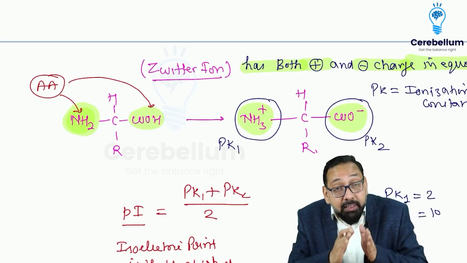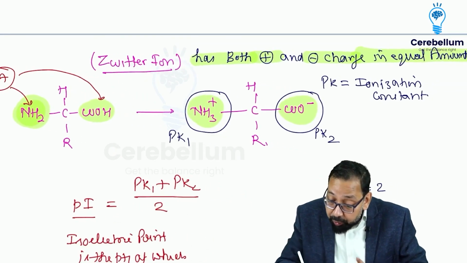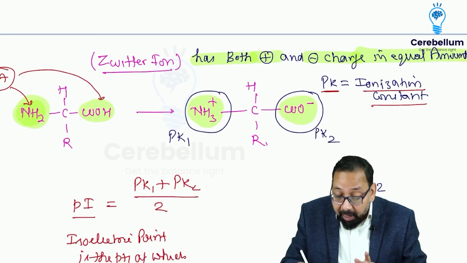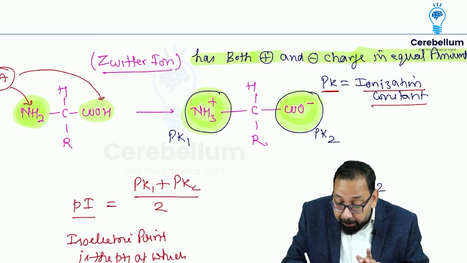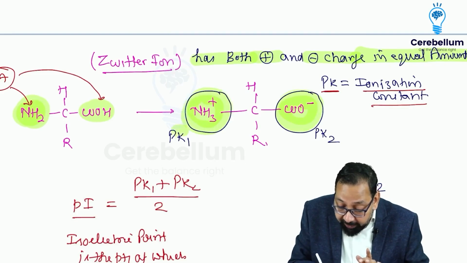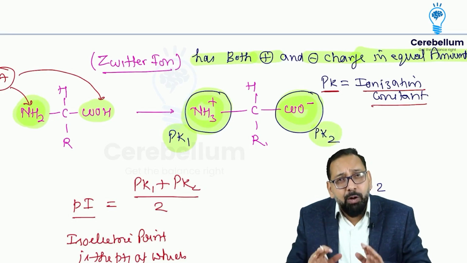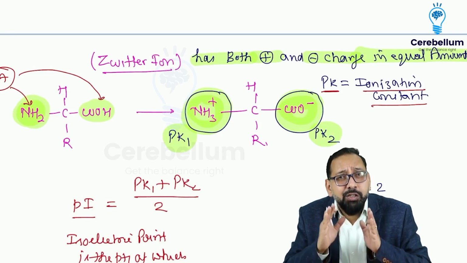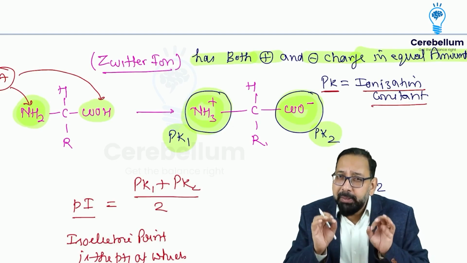Ionizable groups have an ionization constant, pK. An amino acid has two ionizable groups, so it has two ionization constants, pK1 and pK2. We found that an amino acid has net charge 0 at a particular pH.